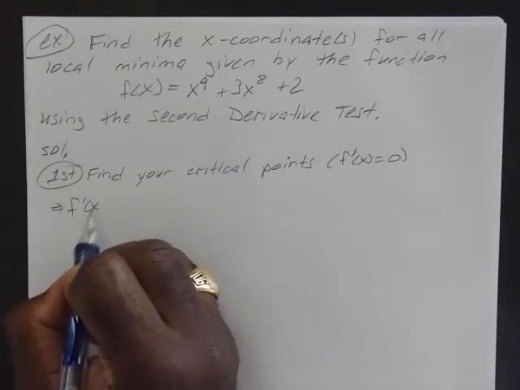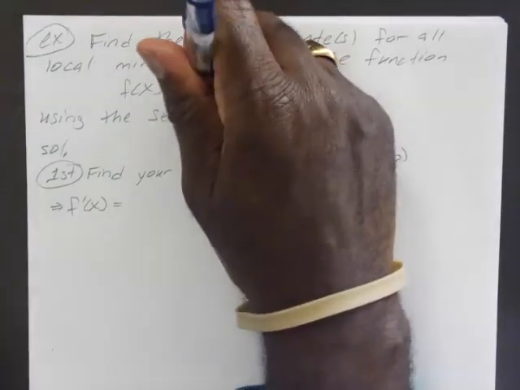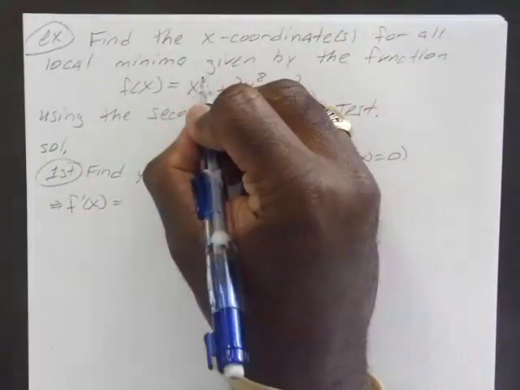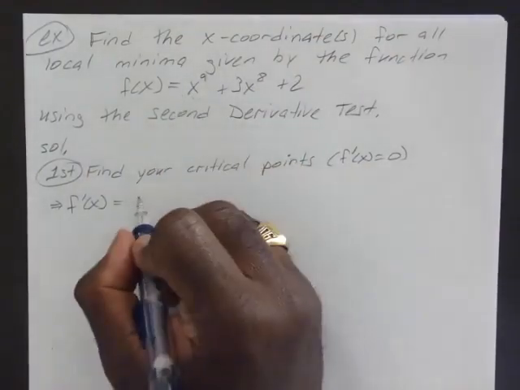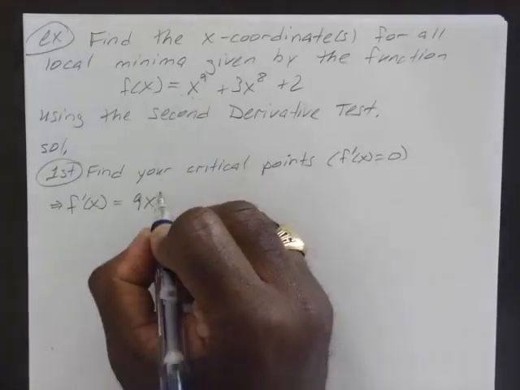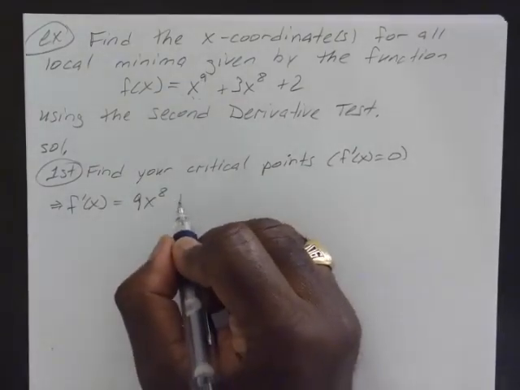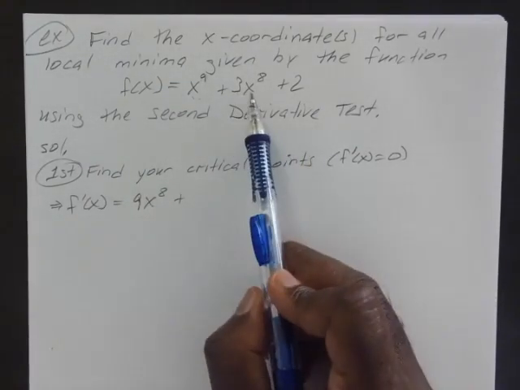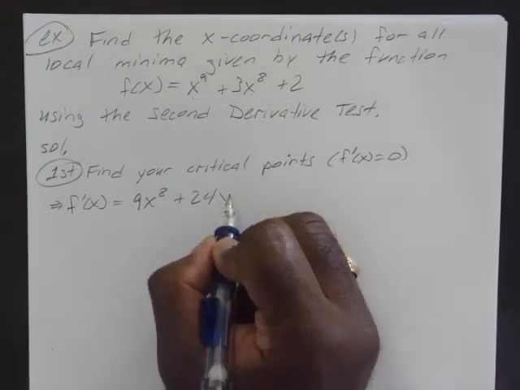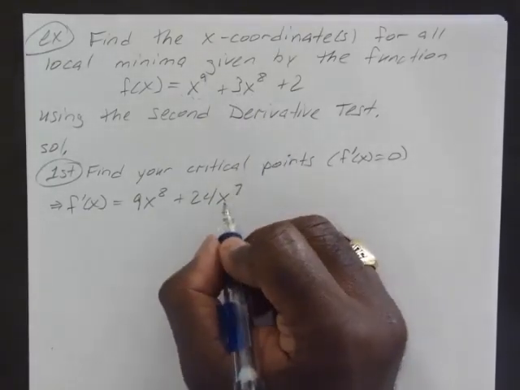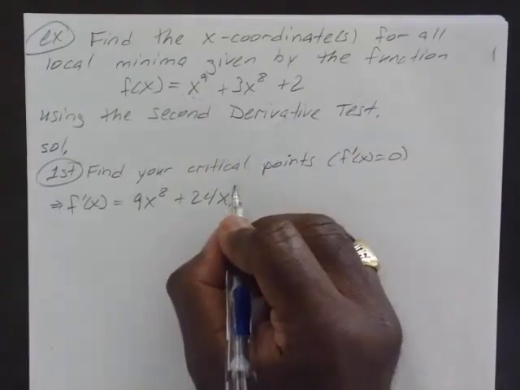Okay, so our f prime of x is equal to the derivative of x to the 9th power. So we bring down the 9 and subtract 1, so that's 9x to the 8th power, plus the derivative of 3 times x to the 8th power. We bring down the 8. 8 times 3 is 24 times x to the power of 8 minus 1.